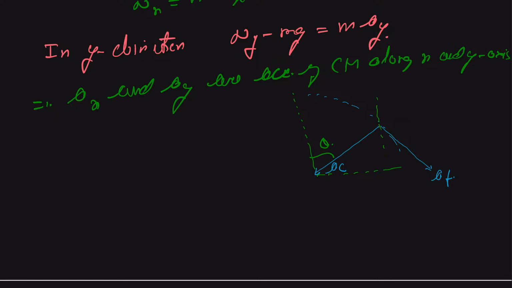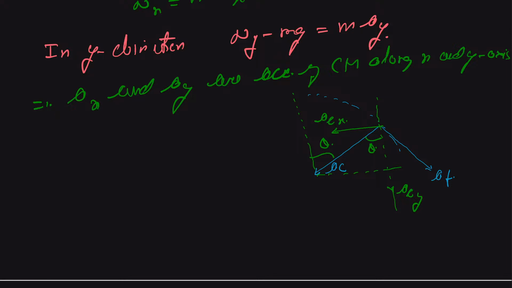And let us make a vertical part here. So this angle will also be theta. So we can divide AC into two components. We get AC of y, and the other component we get as AC of x.